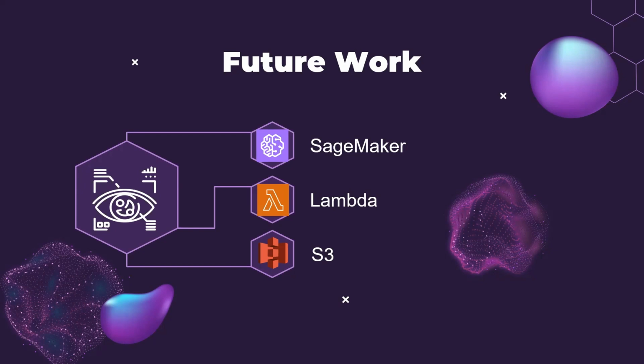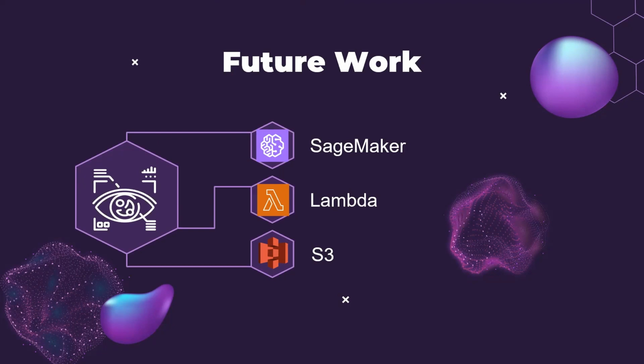And here are a few of them that provide and support parallel processing, such as SageMaker, a fully managed service for building, training, and developing machine learning models, which provides a wide range of tools and features that make it easy to get started with machine learning, even if you don't have a lot of experience. The second one is Lambda, a serverless computing service that enables running machine learning models without the need to manage the server.